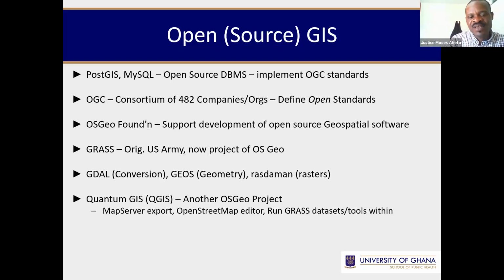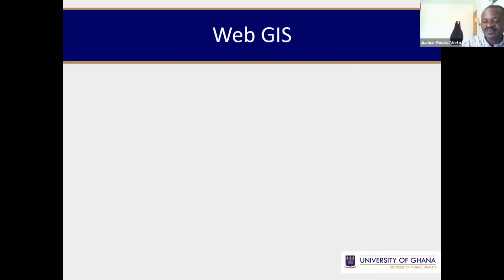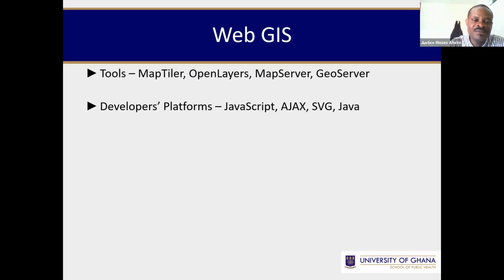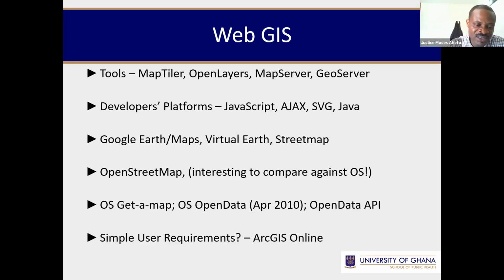And fortunately, we use some of them, like the RGDAL and co, to read a raster file and all that kind of stuff. We'll be doing them in the practical session. So you see how handy these things will be. We also have the OpenStreetMap editor. These are all tools available which are free at the moment. Then we have the web application, which we'll be doing now in our practical session.